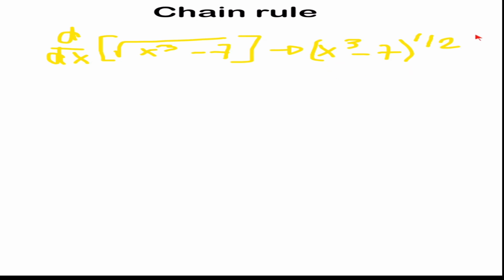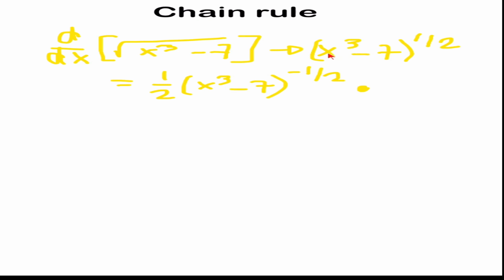And this now serves as our basis in finding the derivative. So bring down 1/2, then copy what is inside, x cubed minus 7 raised to 1/2 minus 1 is negative 1/2. Then multiply it by the derivative of the inside.